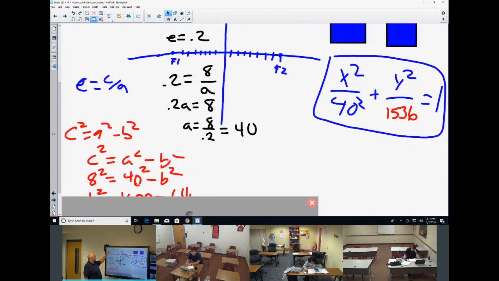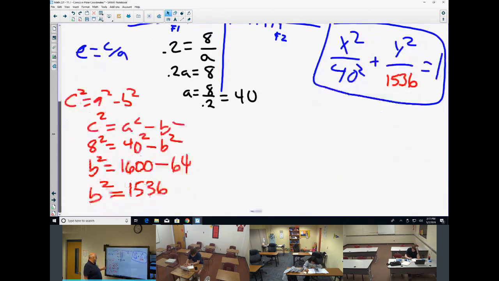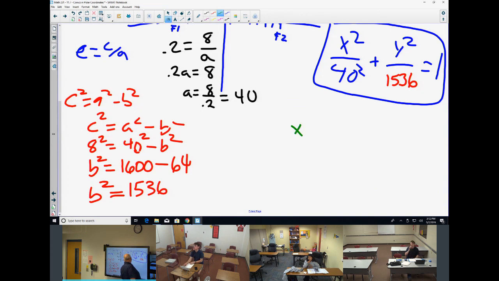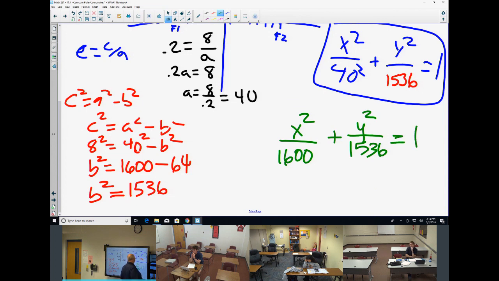So that's going to give you 1,600 minus 64, or 1,536 is b squared. And so you could do it here. Now, if you wanted to go ahead and square that out, then you could say x squared over 1,600 plus y squared over 1,536 equals 1. Okay.